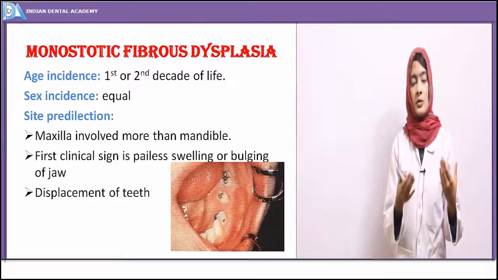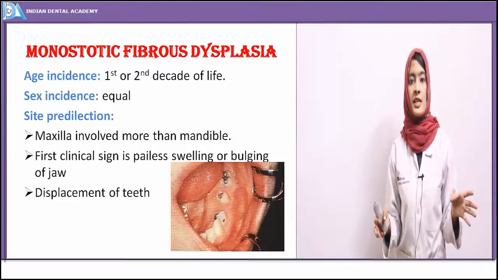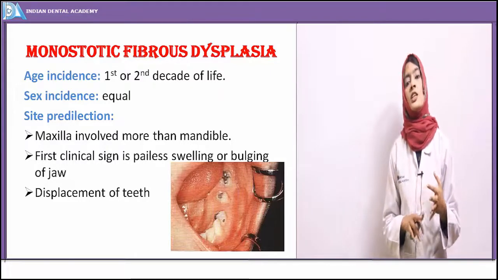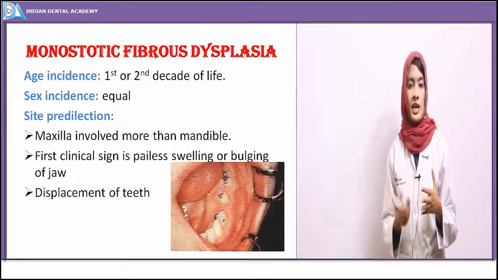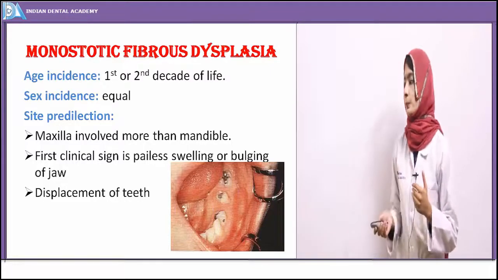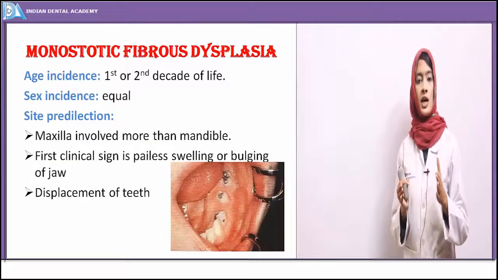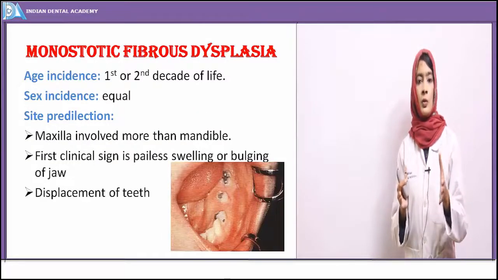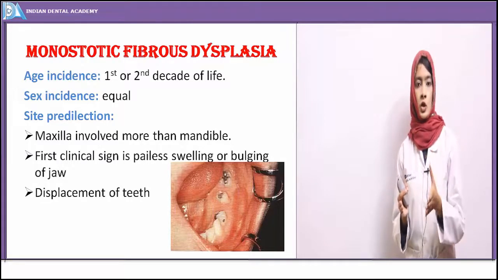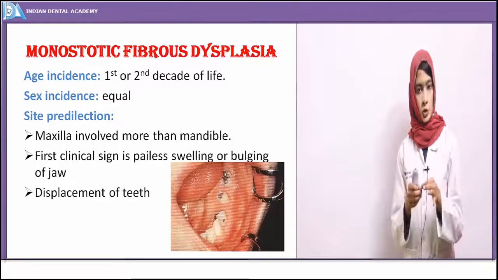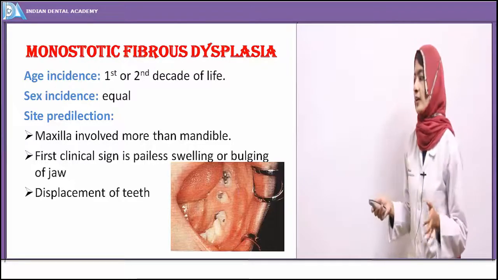The teeth present in the oral cavity may be displaced, or there may be failure of eruption of deciduous teeth; extreme displacement or transposition of teeth may be seen. Here in the clinical picture you can see fibrous overgrowth of the jaw, and the teeth are displaced or show spacing in the oral cavity.